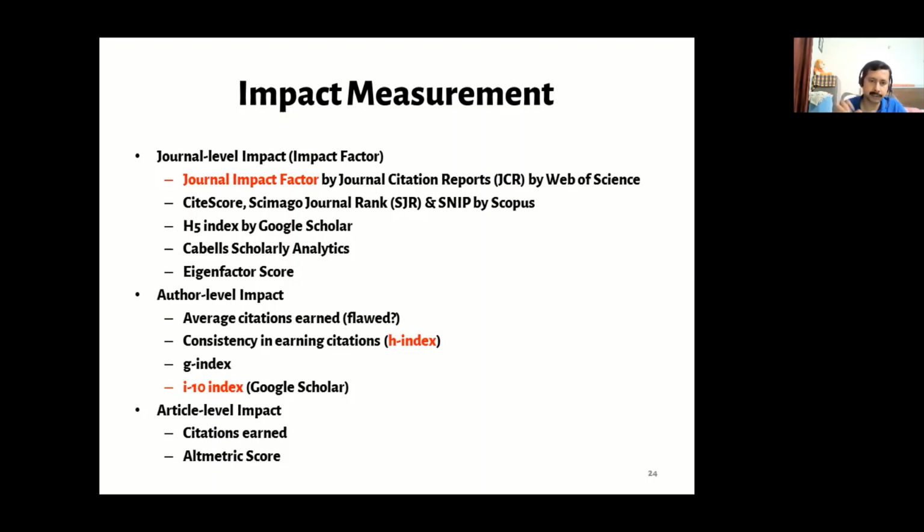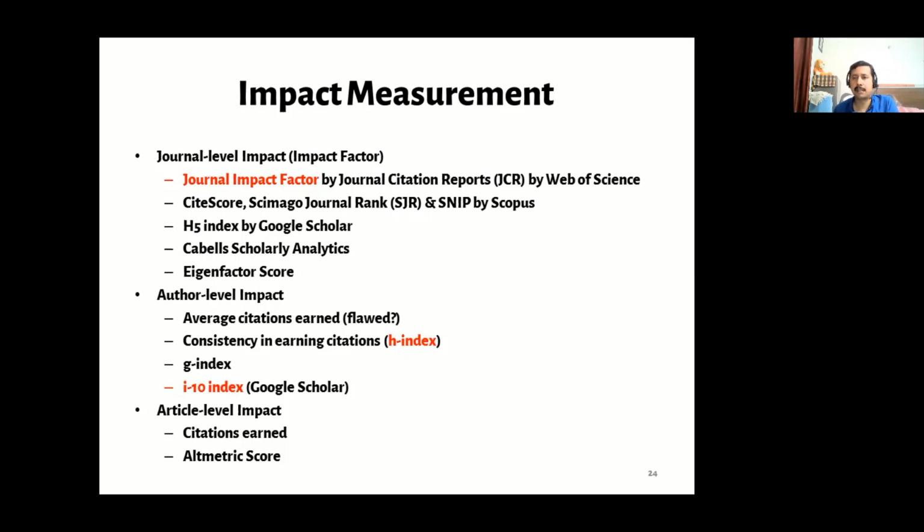These are applicable to authors. Then article level impact can be measured by the number of citations received. For instance, article A and article B, which is more impactful? In order to measure that, the number of citations received by these two articles can be used as a basis.